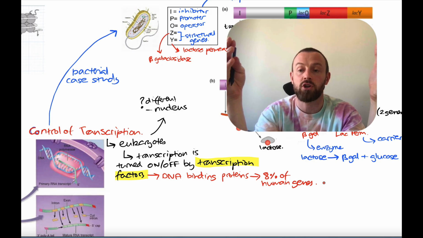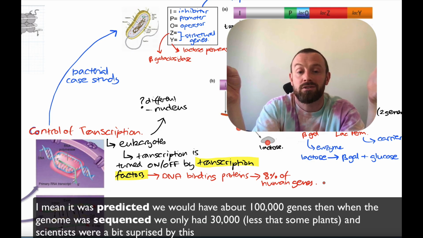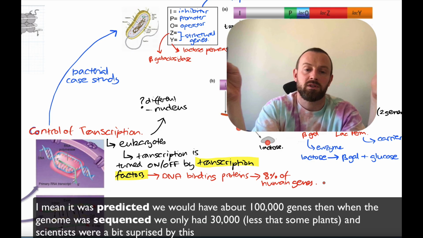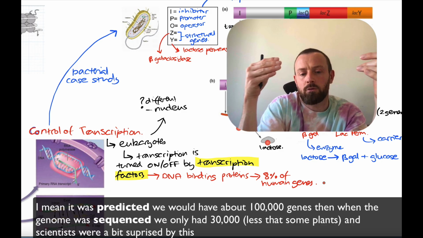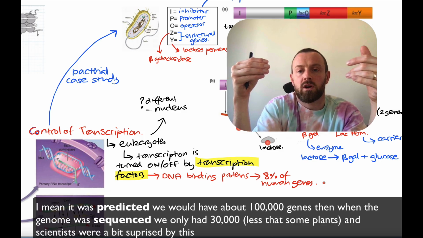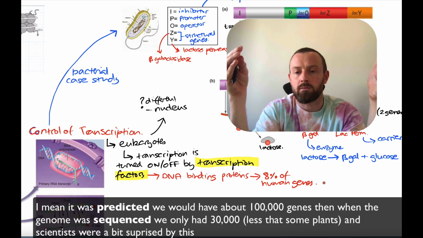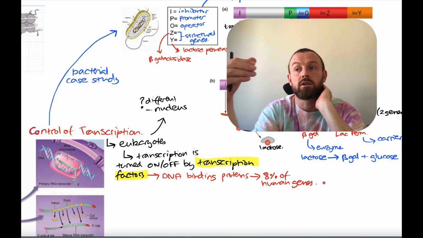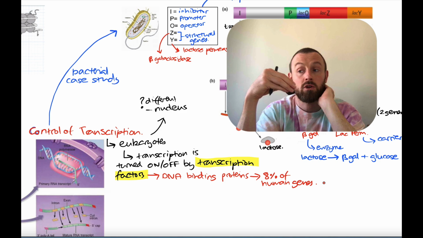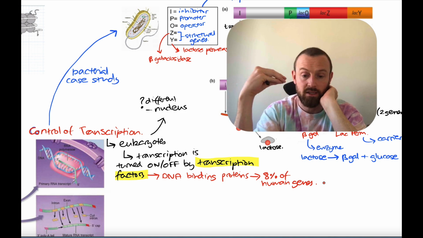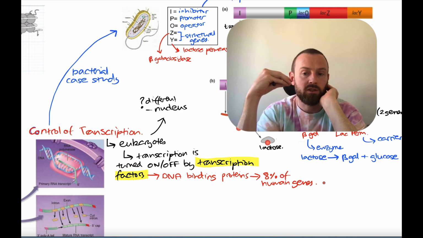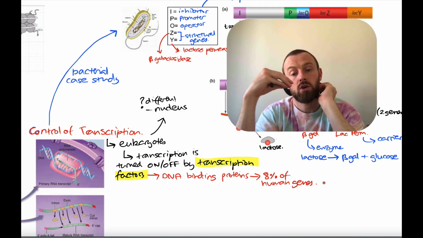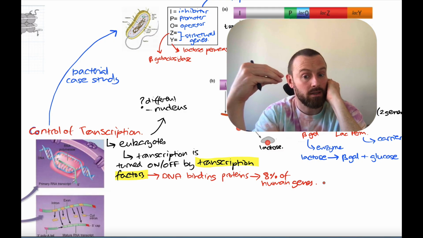Some estimates were that humans must have at least 100,000 genes. I think the first estimate was like 30,000, and then it's come down a little bit since then. People were amazed that we can be built with so few genes. Well, the reason is we're also really good at regulating the switching on and off of genes. So transcription factors are part of what makes humans so complicated and so amazing.